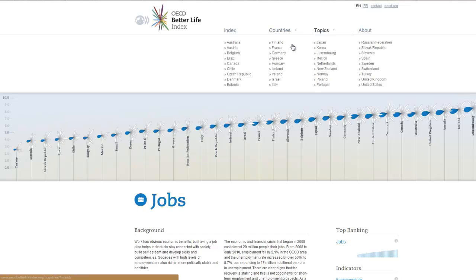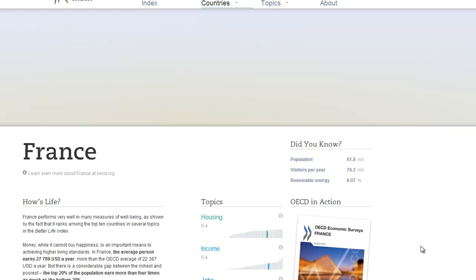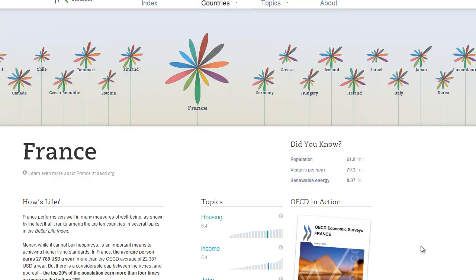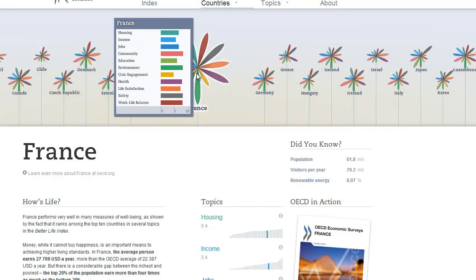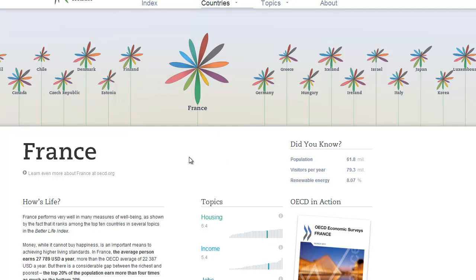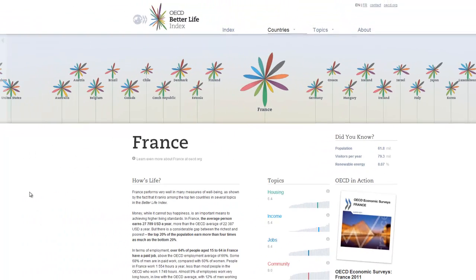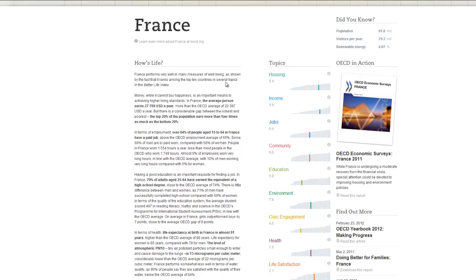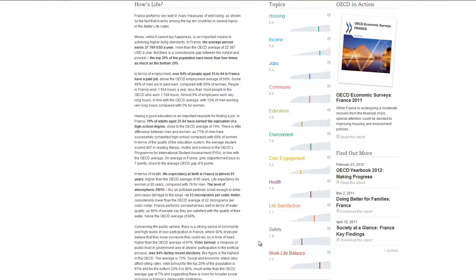So you can select specific topics here if you want to know more, or you can go by country. If I wanted to be a bit patriotic, I would go look at France and how France is doing in terms of quality of life, and I can just hover here and it tells me where France is doing a pretty good job and where civic engagement is not so hot, and how it compares to the other country, with the specific ranking of France along these different indicators and topics.